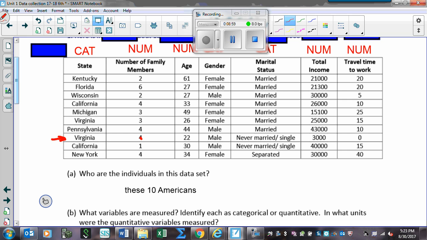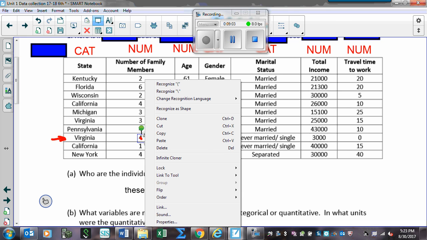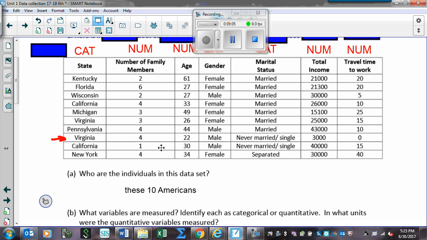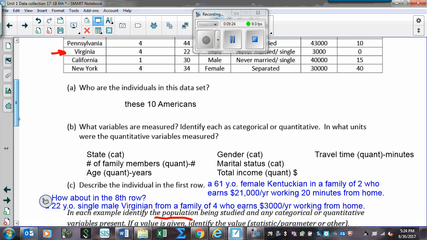So maybe this person went to school and now is living at home with his family, and is making $3,000 online. I don't know. Maybe he works a paper route, something. But you can kind of get a story of someone just with these 7 pieces of information, and you can speculate, but it helps you.